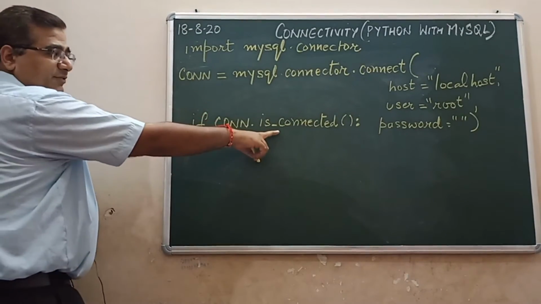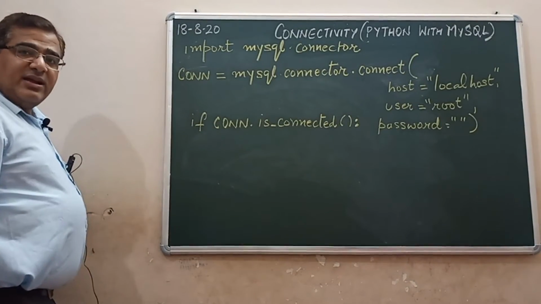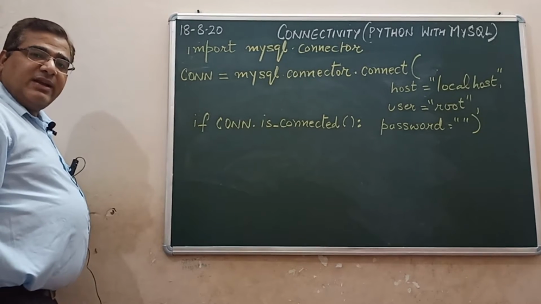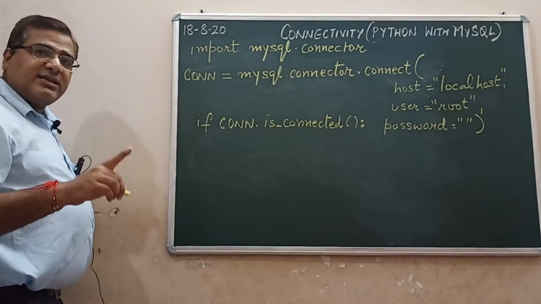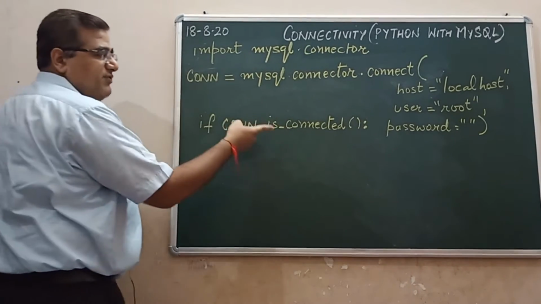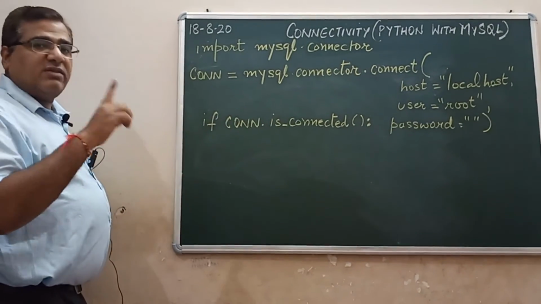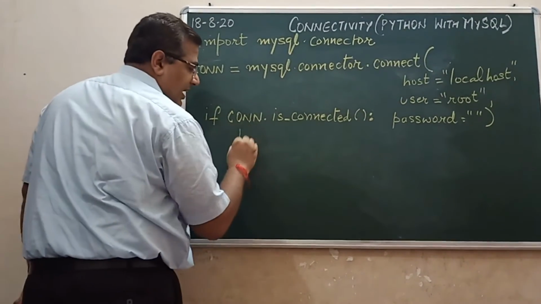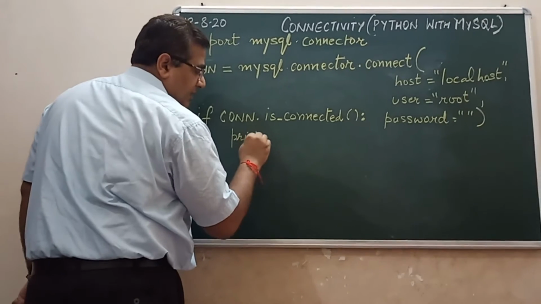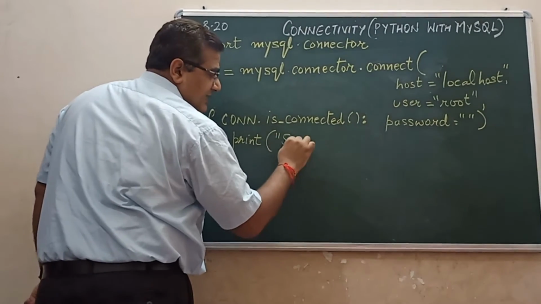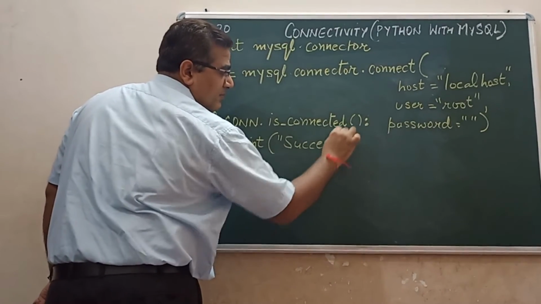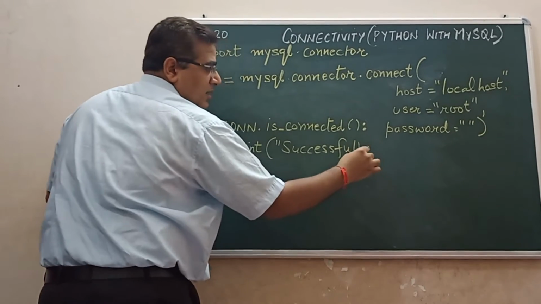This is an inbuilt function that will check whether you have been connected with the database. If you are successfully connected, this function will return true, otherwise false. And you can write a statement over here, successfully connected.